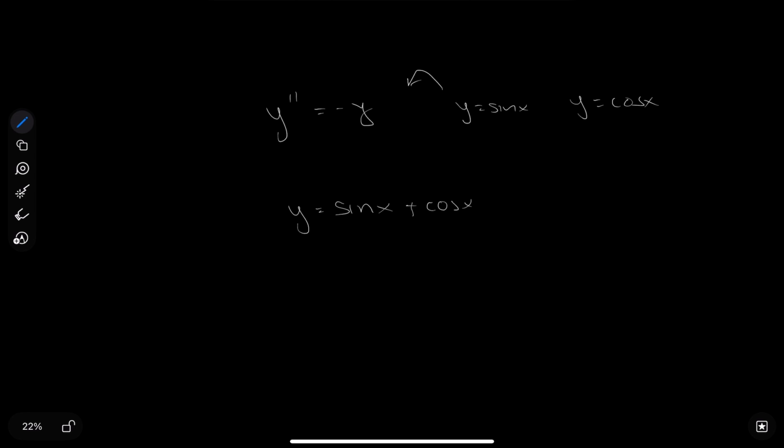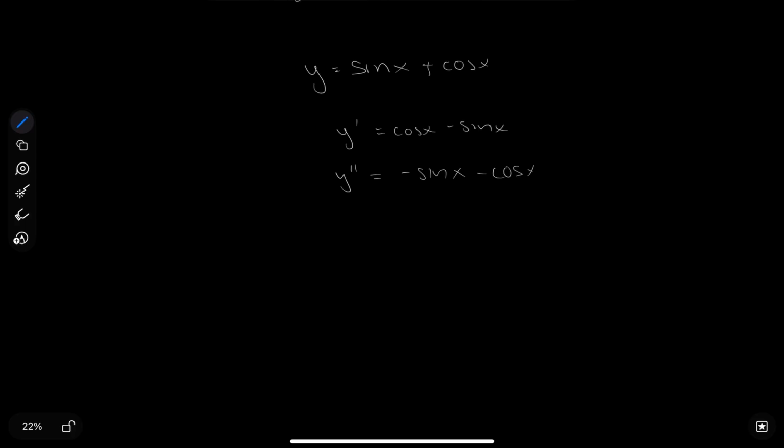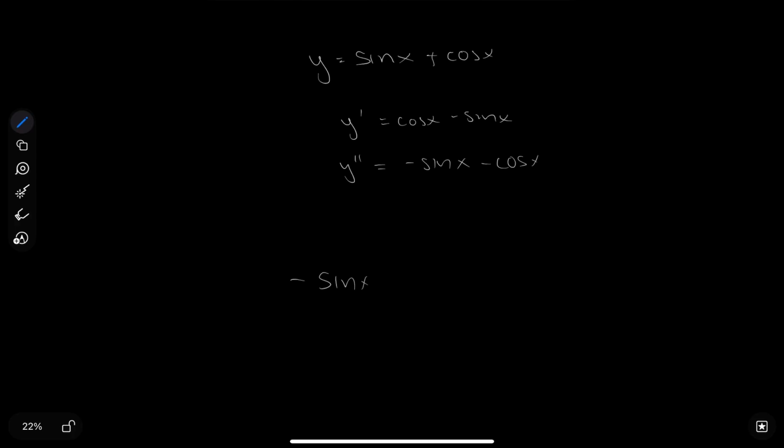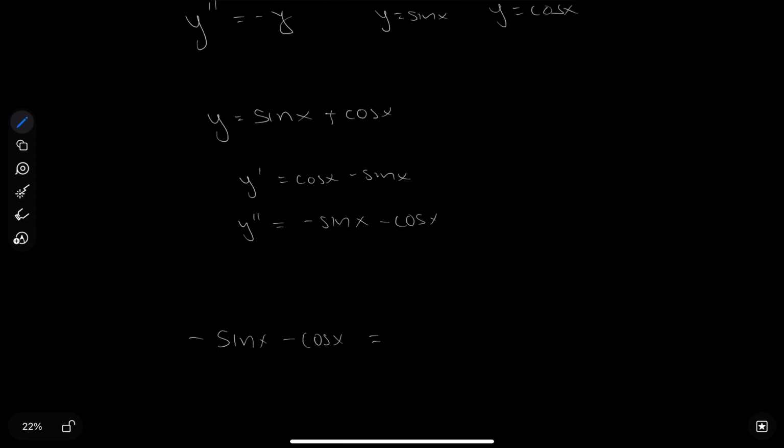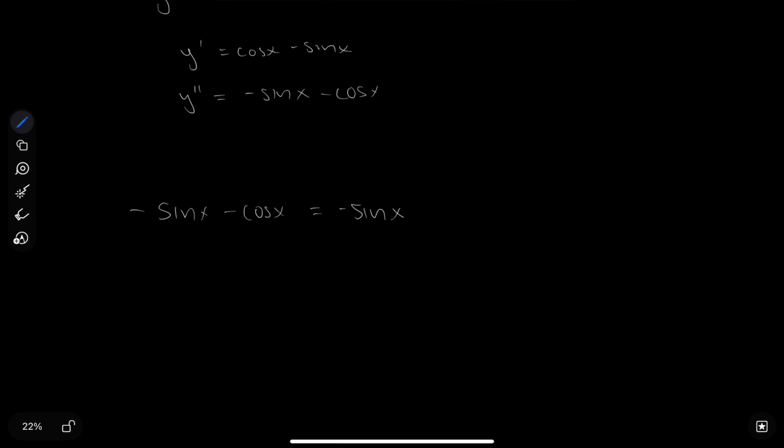So we can show that y prime equals cosine x minus sine x, y double prime equals negative sine x minus cosine x. So plugging these in, we have negative sine x minus cosine x equals the negative of y, which is negative sine x minus cosine x. Great, these match.